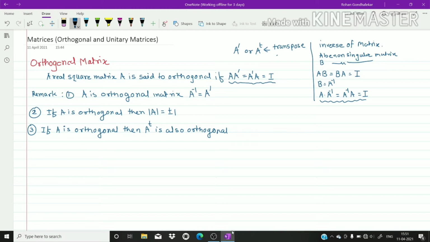Either you use this symbol or this symbol. Purposefully writing here A transpose. One more property I must say: if A is orthogonal, then A raised to minus 1, that is inverse of A, is also orthogonal.